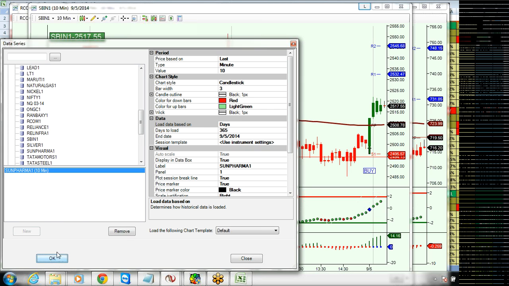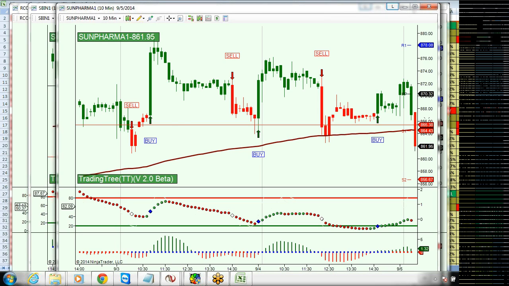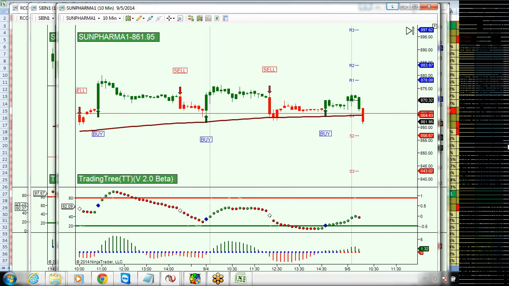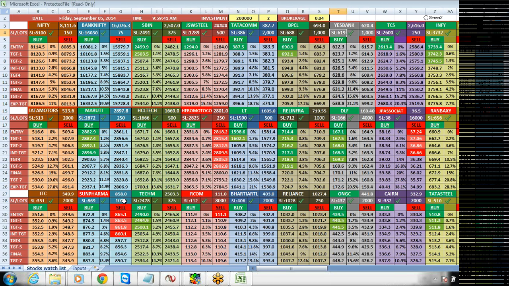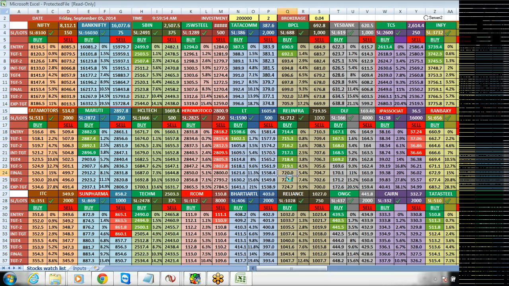Sun Pharma, we have a sell call there. So we should be getting a sell call in Sun Pharma now in TradingTree. But overall, if you see, it is at 858. 865 was the entry. Now Rel Infra, once it has already made its final target, but we can still wait because I am expecting a buy call in TradingTree actually.